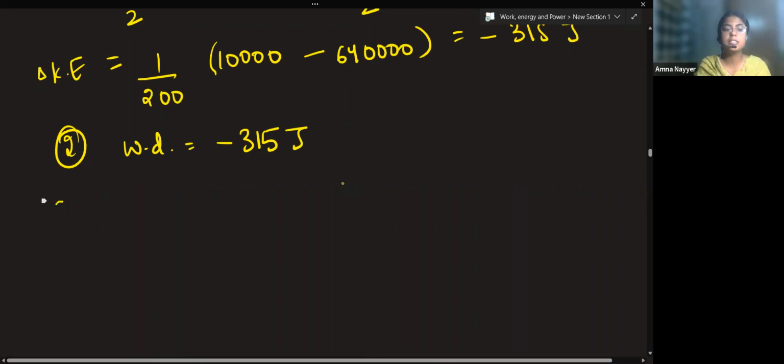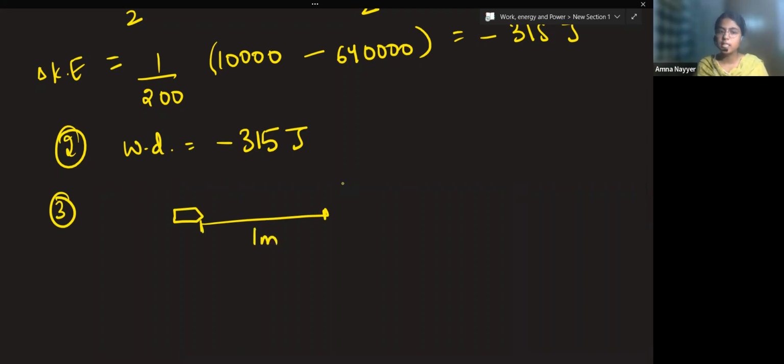Now it is calculating average resistive force. This is the bullet. Bullet had covered the thickness that the wall has, that is 1 meter thick. Finally its velocity decreased to 100 meter per second, which was initially 800 meter per second. So 1 meter becomes the displacement covered by the bullet.